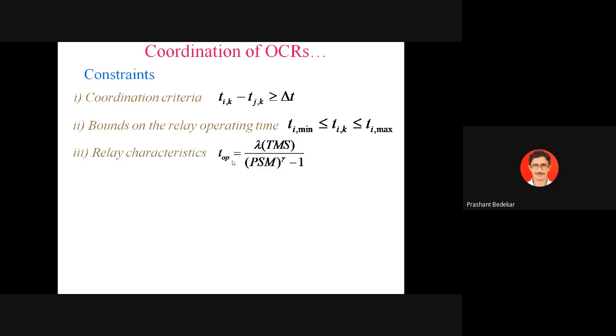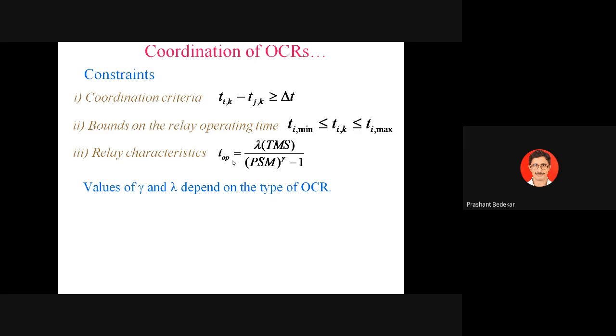Then the third set of constraints is the relay characteristic. We are talking about overcurrent relays only at present. The operating time of an overcurrent relay is lambda into time multiplier setting upon plug setting multiplier raised to power gamma minus 1, where lambda and gamma depend upon different types of overcurrent relays.